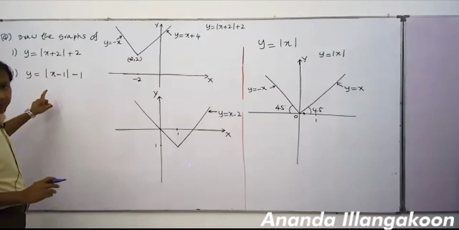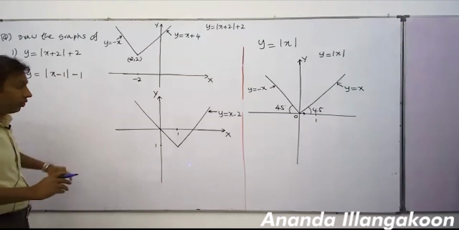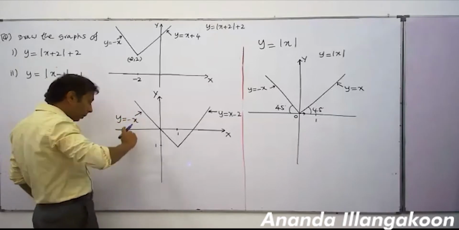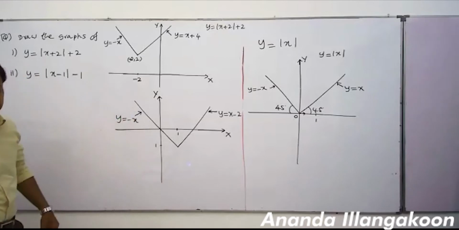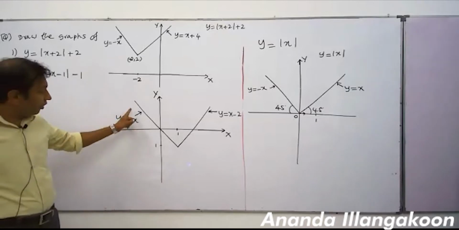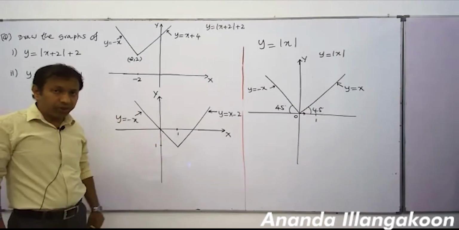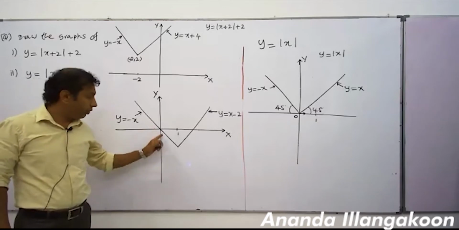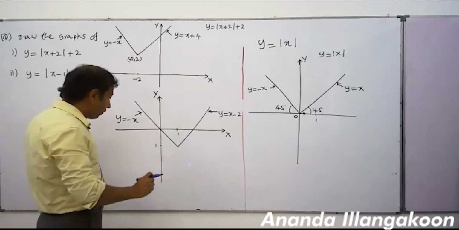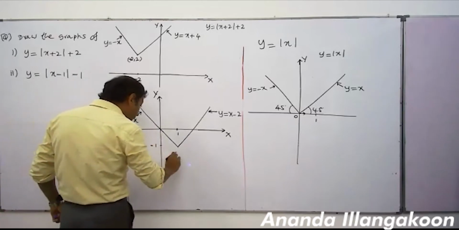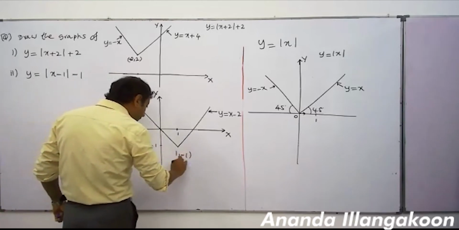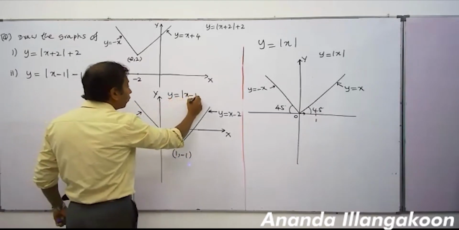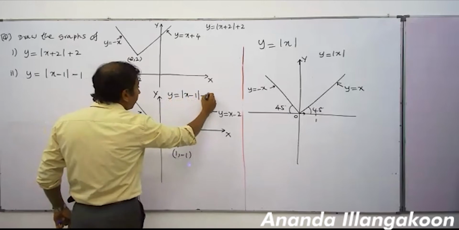Then we have -x only. So this equation is y = -x. y = -x means a straight line passing through the origin. So therefore, the way we have drawn is correct. So therefore, this point is (1, -1). The single equation we can assign for this is y = |x - 1| - 1.